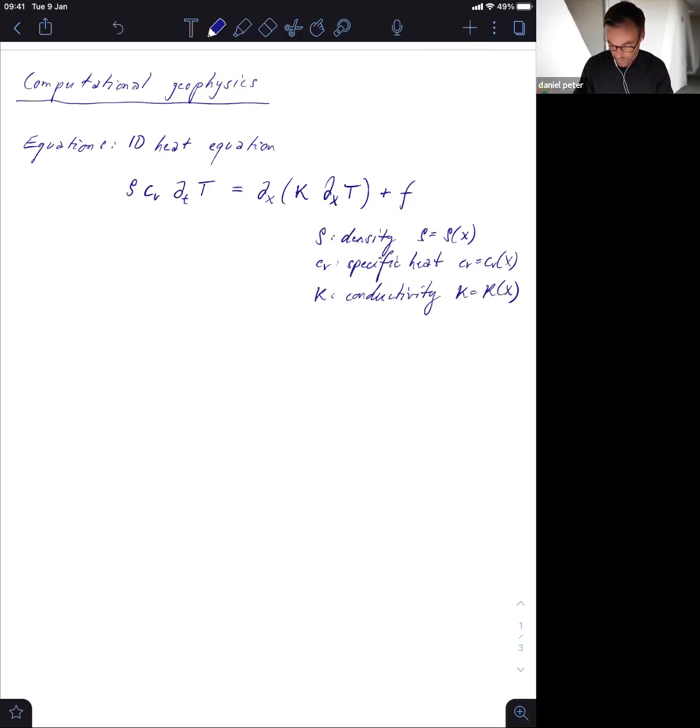So the homogeneous case, now we can actually write that down. For homogeneous material, we have rho would be a constant, so would be specific heat, and so would be the conductivity.